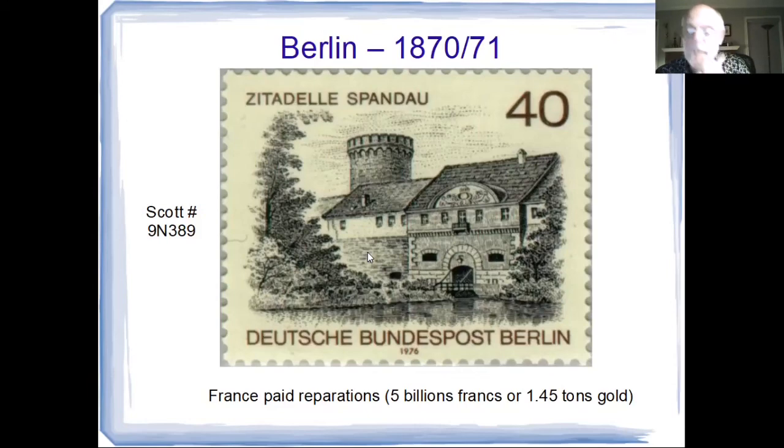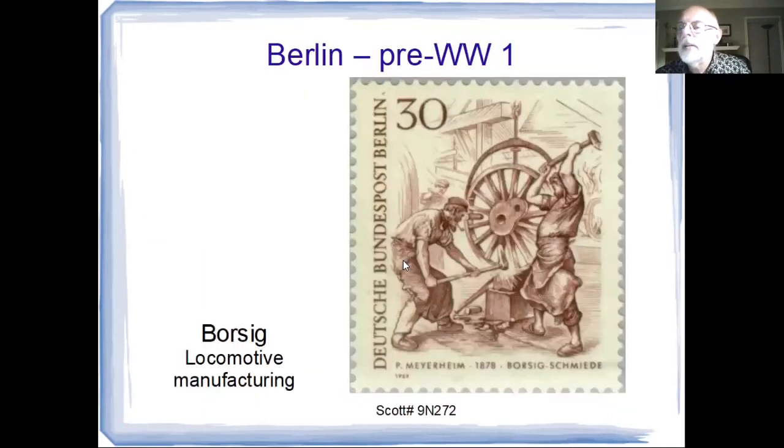Later, after World War II, it also served as a prison for Rudolf Hess, the Nazi high-ranking official. And anyways, the money here, the 1.45 tons of gold, enabled Germany to boost the industrialization of the late 19th century, which led to having many large factories in Berlin.